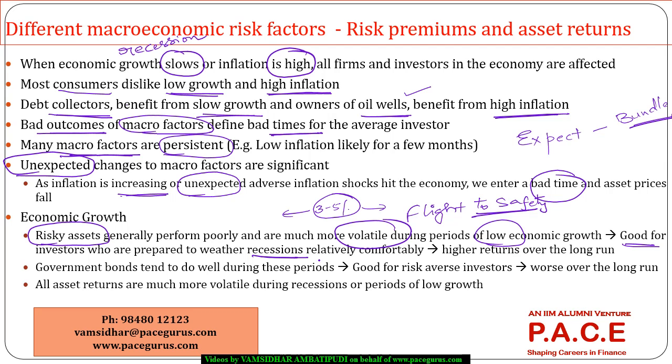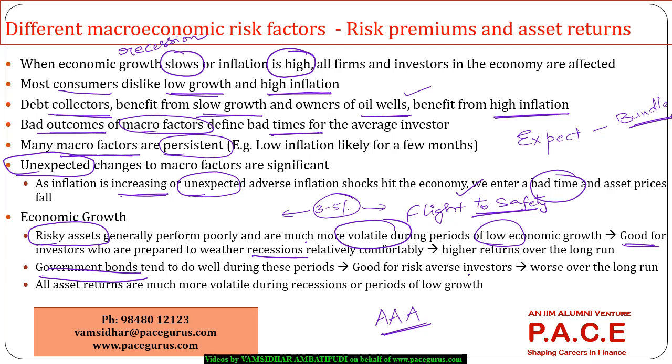Whereas when you talk about a scenario where the economic situation is bad, all these riskless securities like government bonds and highly rated, AAA-rated securities perform very, very well. That is what I said, flight to safety. They do well during these periods.